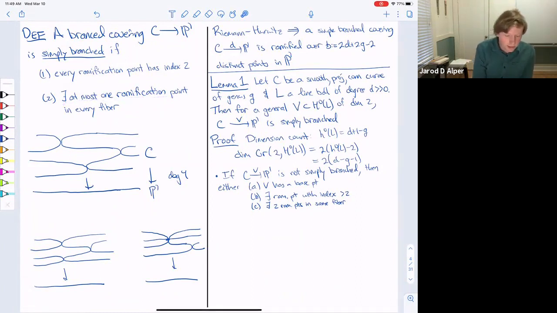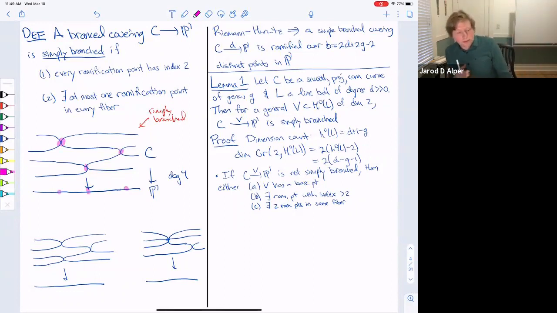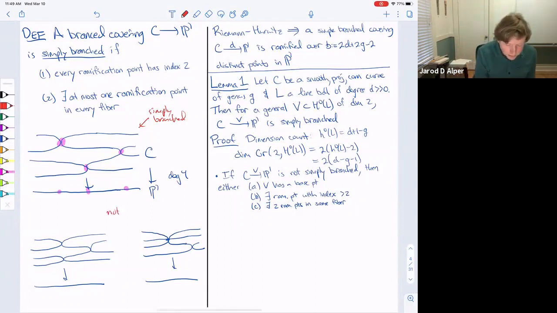So this is a picture of something simply branched, where the ramification points are over distinct points in P1, and they're all just doubly branched. But the examples at the bottom are not simply branched, because here you have 2 ramification points over the same point, and here you have a ramification index of 3.